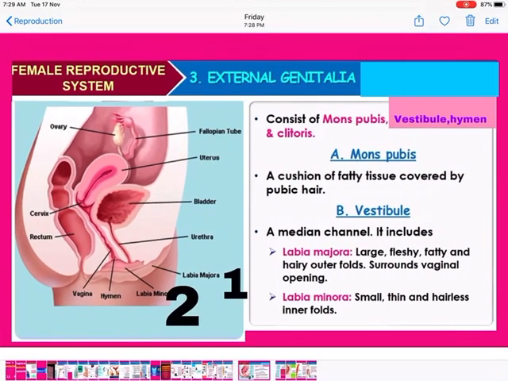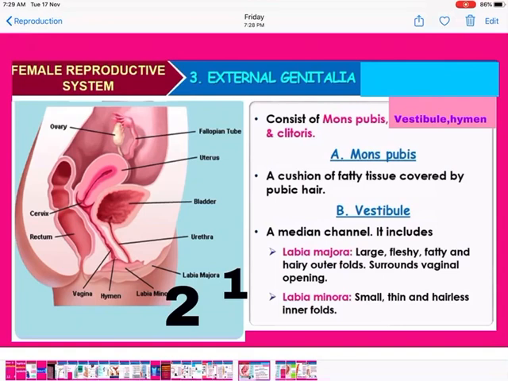Come to external genitalia. It consists of mons pubis, vestibule, hymen and clitoris. Mons pubis, A cushion of fatty tissue covered by pubic hair. It is the mons pubis. Vestibule. A median channel. It includes labia majora and labia minora.